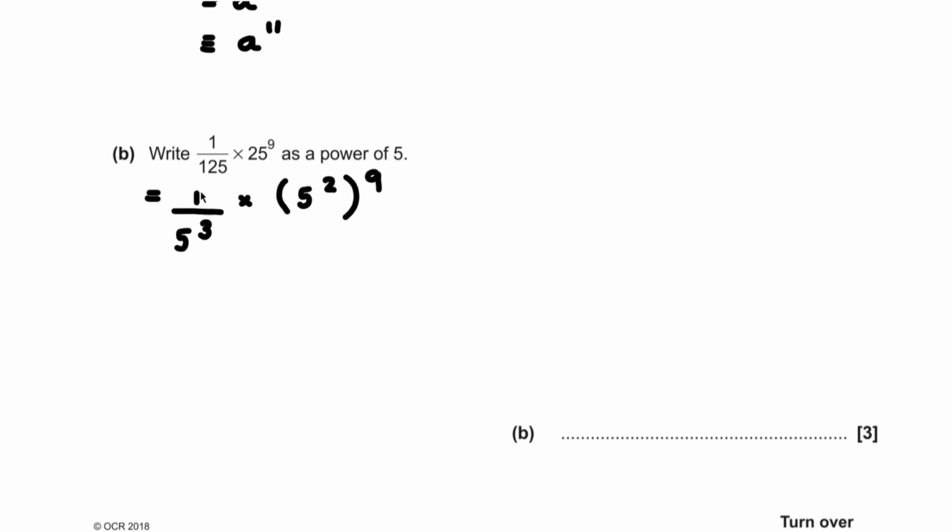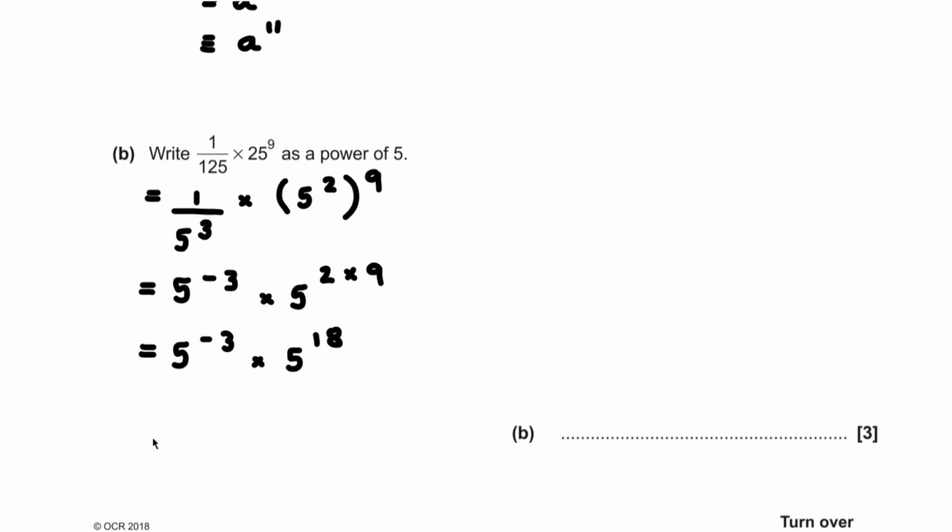So I've got 1 over 5 cubed, which is the same as 5 to the negative 3, and I multiply this by 5 squared to the power of 9, which is the same as 5 to the power of 2 times 9. So I've got 5 to the negative 3 multiplied by 5 to the 18.